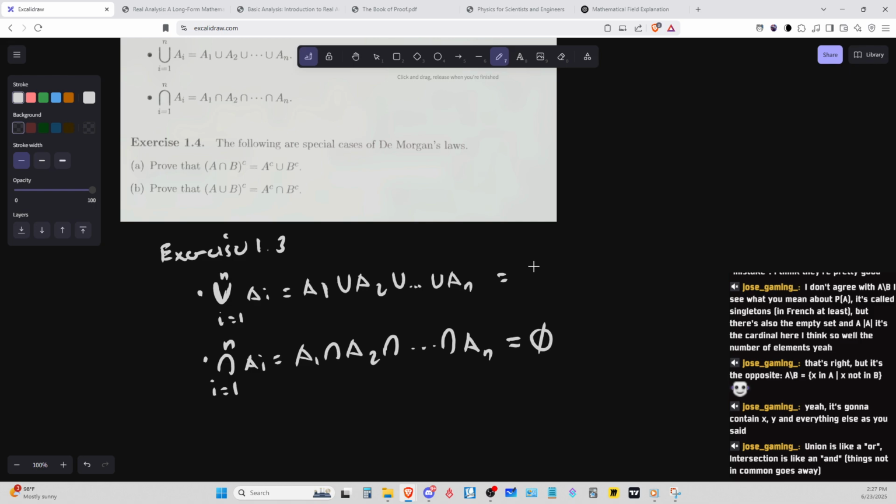So if it's OR, does that mean it could be just AI in this case? Because it could be either one of them at that point. We just have AI here, but I don't know if that counts as an answer. It could be either one of these sets if it's the OR statement.